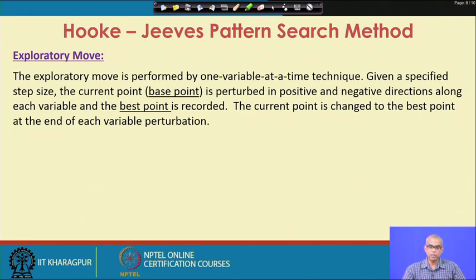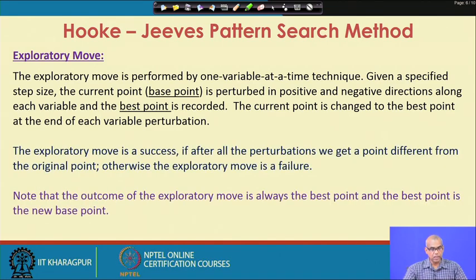We call the current point the base point, and this base point is perturbed both in positive and negative directions along each variable, and the best point is recorded. The current point is changed to the best point at the end of each variable perturbation. The exploratory move is a success if after all the perturbations we get a point different from the original point. Otherwise, the exploratory move is a failure.